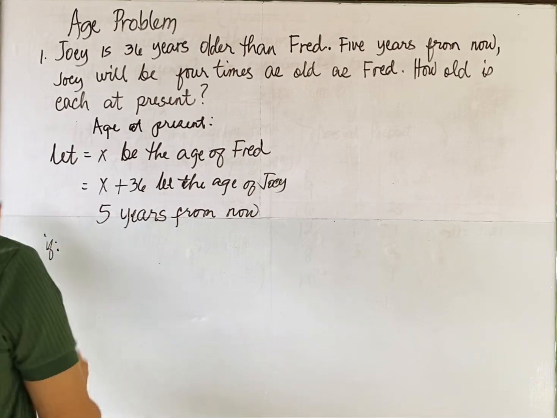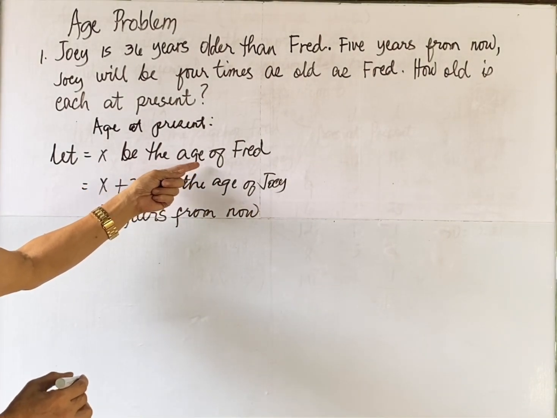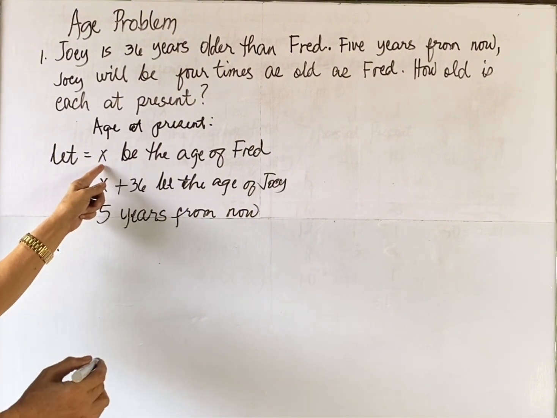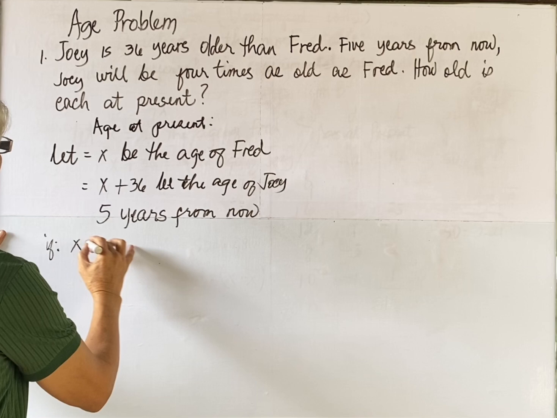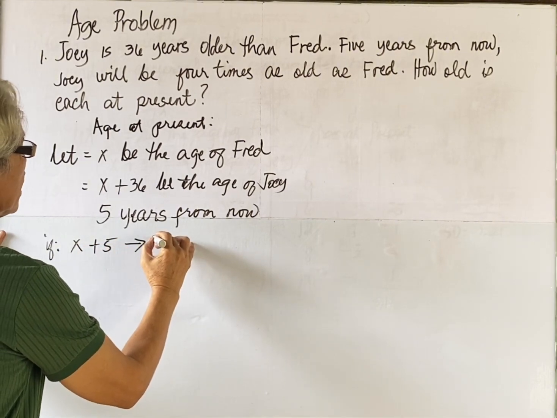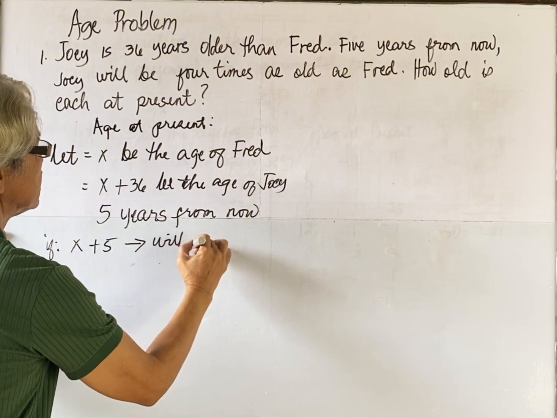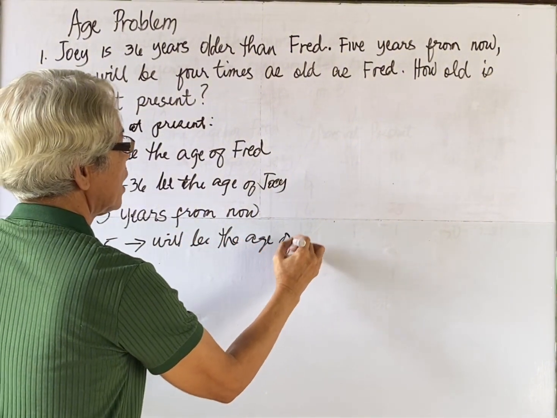If the present age of Fred is X, therefore, 5 years from now, he will be X plus 5. This will be the age of Fred.